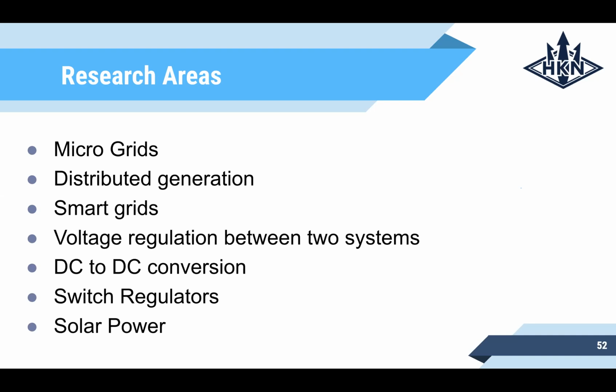Smart grids are actually a big one for Abi Samra. He sometimes teaches a class on smart grids over summer, so look out for that. He tells you the benefits and why smart grids are the future, because you have a system that's constantly able to take in data.